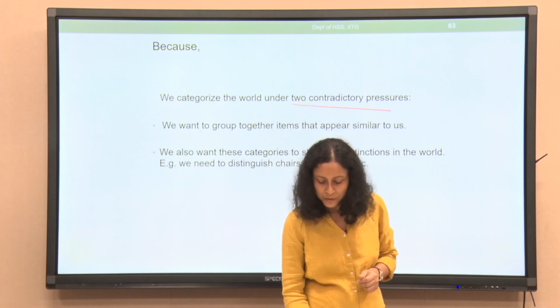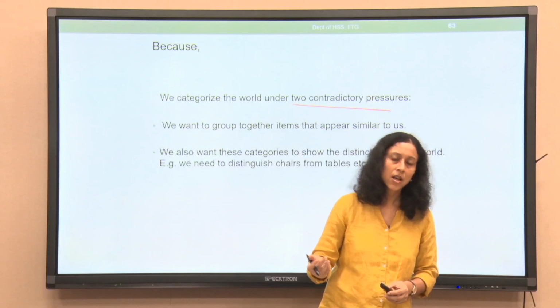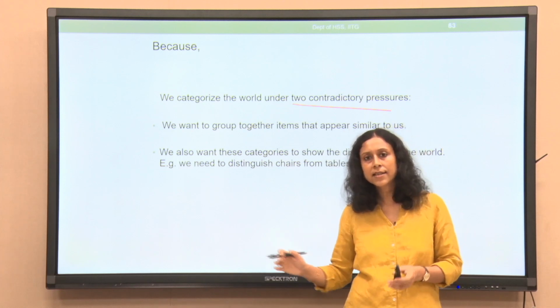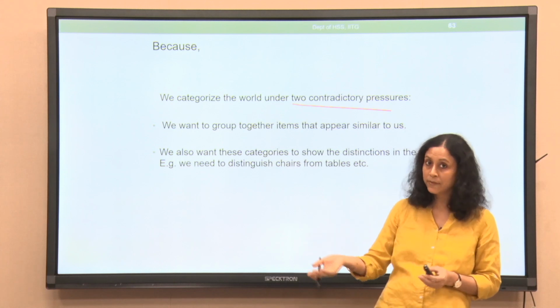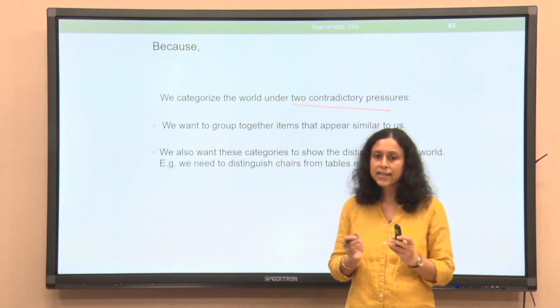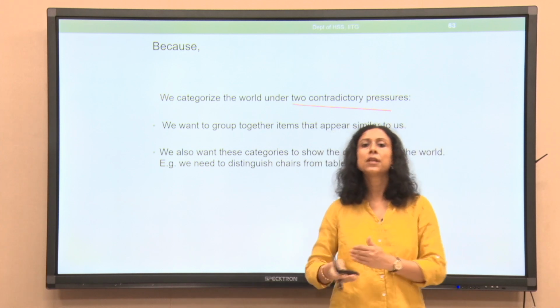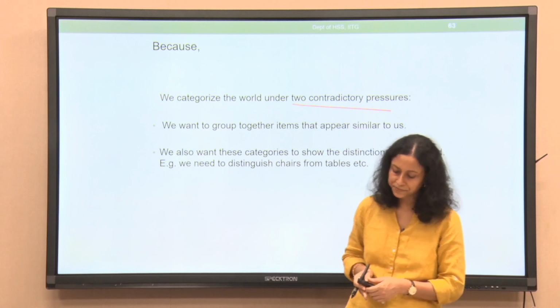So, we want to group together items that appear similar to us, and similarly we want to keep separate things separate. So, at the level of chair within the category furniture, we will have chairs, and that is exactly where the subcategories are different. So, we know what to do with a chair as opposed to what to do with a furniture. So, at this level we are differentiating between chairs and tables, even though they both are under the same superordinate category furniture.